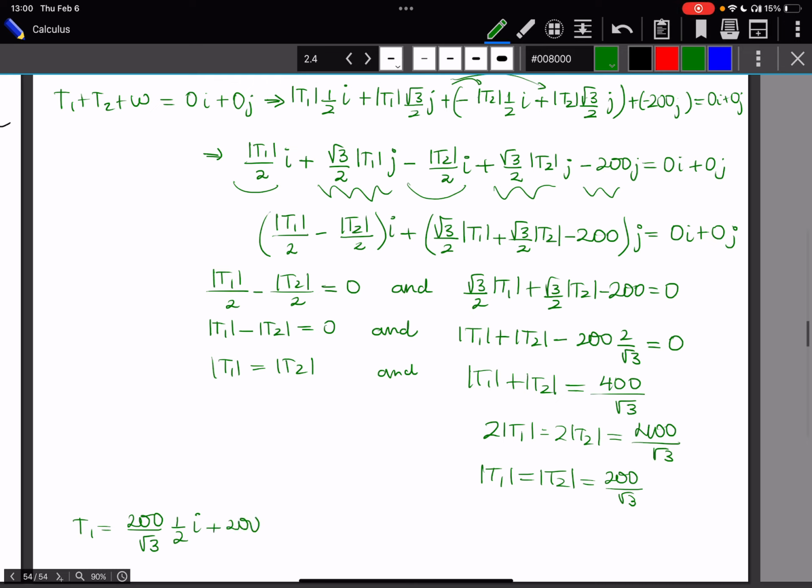Then the magnitude of T1, that's 200 over root of 3 times root of 3 divided by 2, and that's the second component of T1. So this gives us 200 times 1, root of 3 times 2, 200 over 2, that's 100 over root of 3 i. And then the square roots go away together, and we end up with a 100 j.